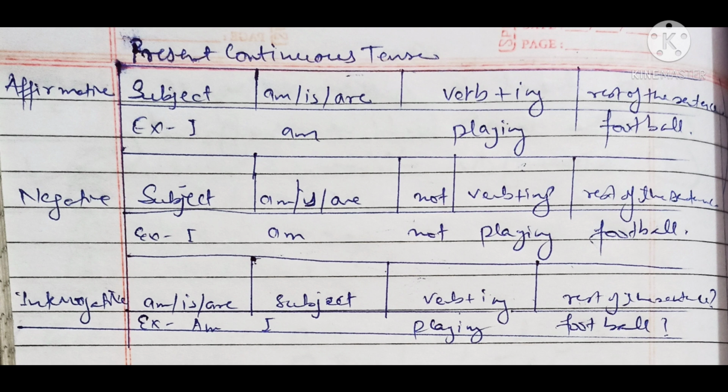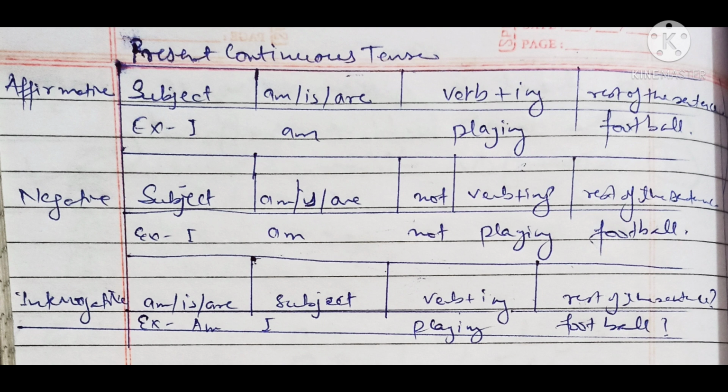For negative, it changes slightly. We insert not between is, am, are and verb plus ing. So the sentence structure becomes subject plus am, is, are, then not, then verb plus ing, then rest of the sentence. Example, I am not playing football. I am not watching television. Or we are not making any noise.